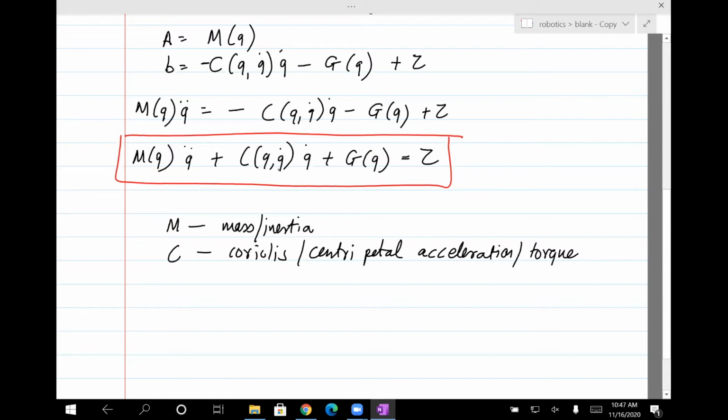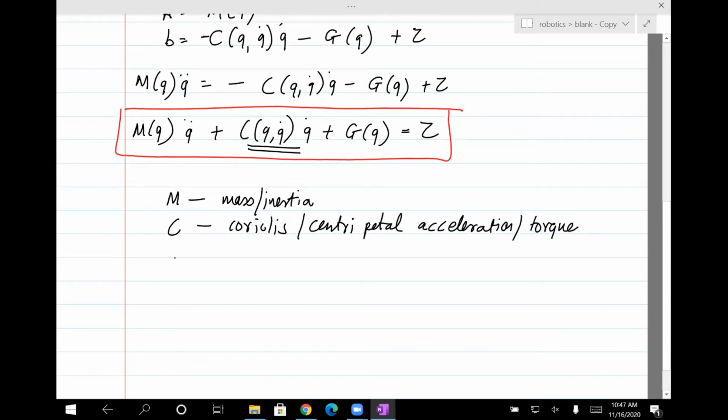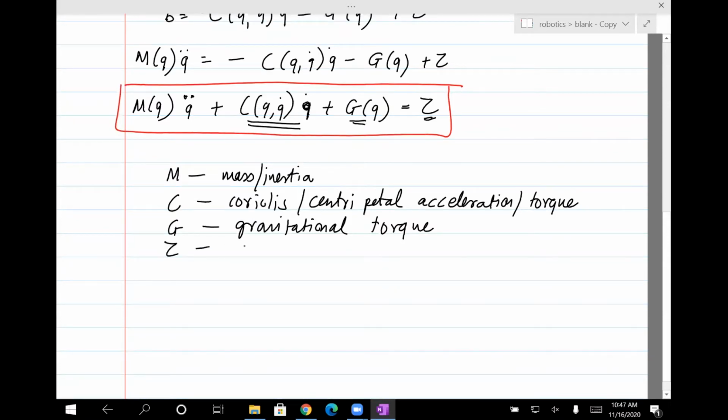Torque is more relevant here because this term has units of torque. And then we have G, which is the gravitational torque. So for example, if the manipulator was stationary, there was no acceleration, then Q double dot would be 0. Q dot, which is the velocity, would be 0. And then you'll see that the torque is just equal to the gravitational torque, right? Which makes sense. And then torque is tau.